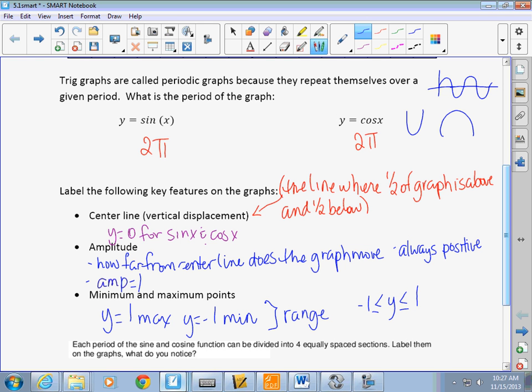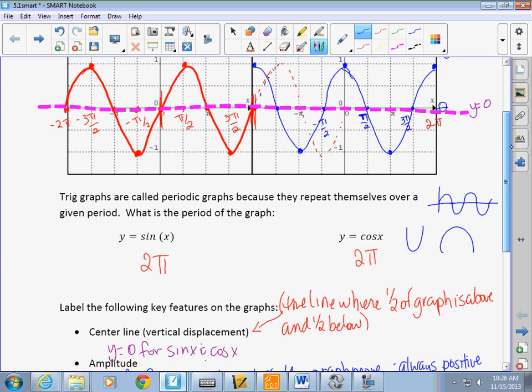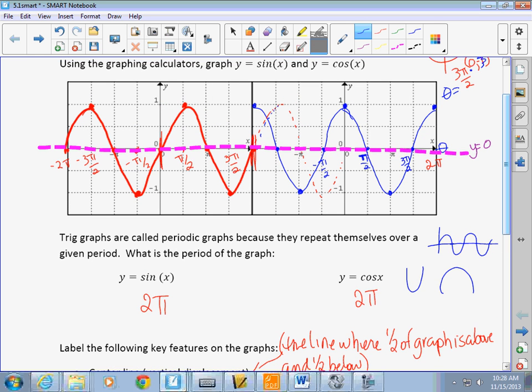So then the last part on this page says each period of the sine and cosine function can be divided into 4 equally spaced sections. Label them on the graph, and what do you notice? Equal space. Yep. So if you look at here, this graph is already divided for you because of where the dots are.